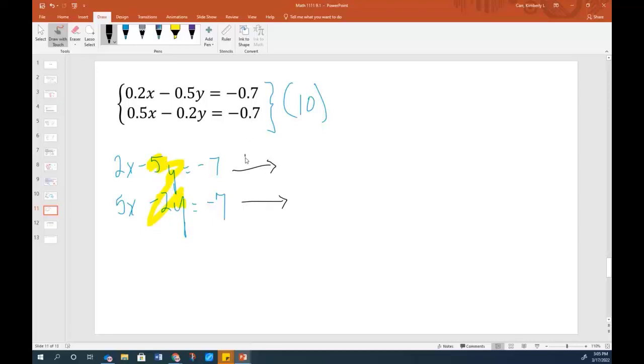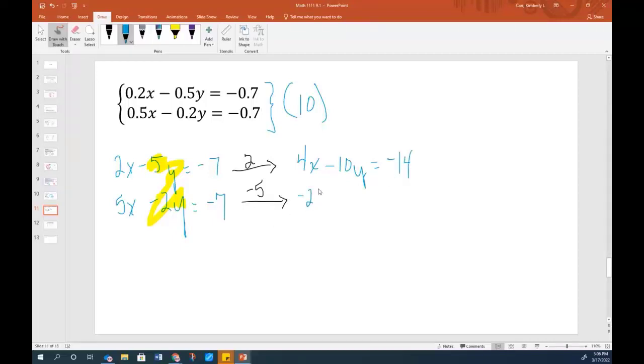If I multiply this one by 2, then in the top there, I'm going to end up with -10. So I'll multiply the bottom one by -5, so that I'll end up with +10. I multiply all 3 parts by it, not just one part. So I end up with 4x minus 10y equals -14.